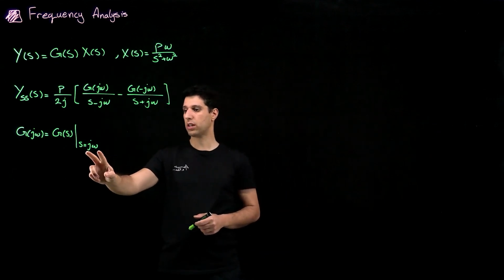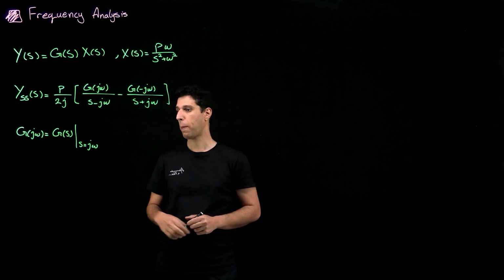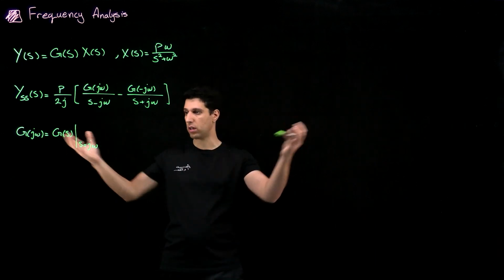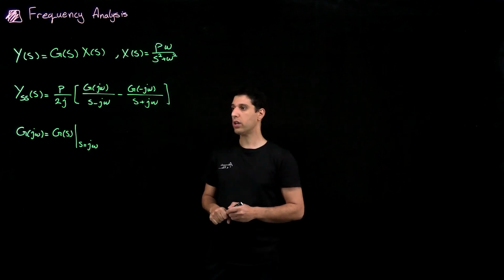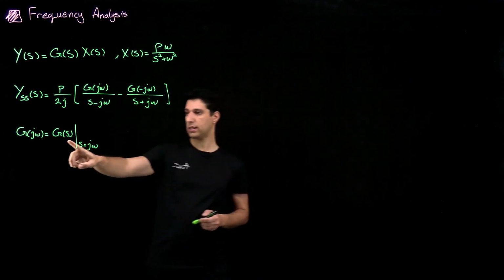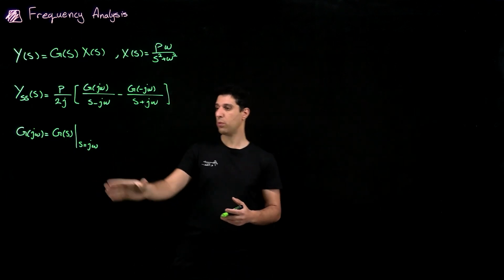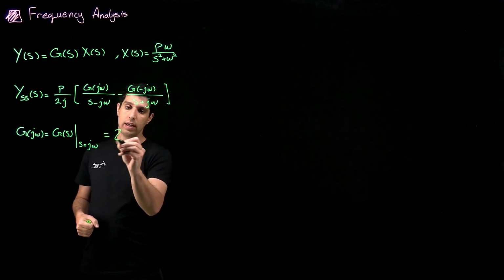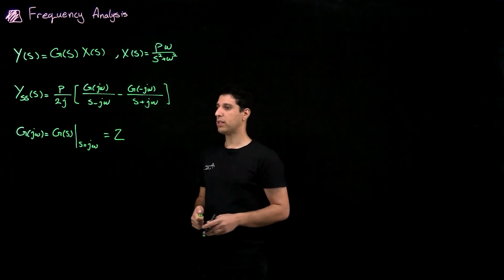So this is just a complex number. G of s is a complex function of the variable s, and when you evaluate it at j omega, you get some complex number.